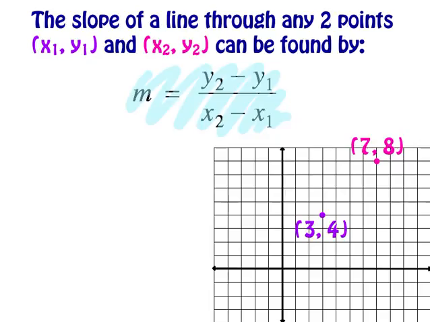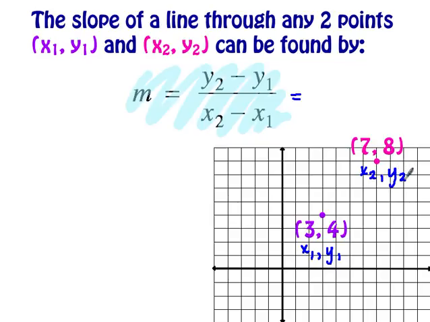And so essentially what this means is you're going to take the 2 y coordinates and subtract them. Does it matter which point is which? No. Notice I have the purple one here and the pink one here. So they correlate to your x1, y1, your x2, y2.